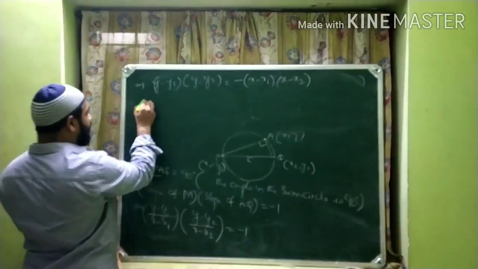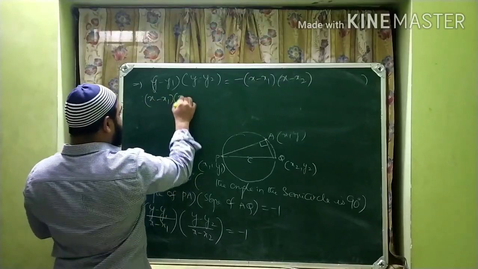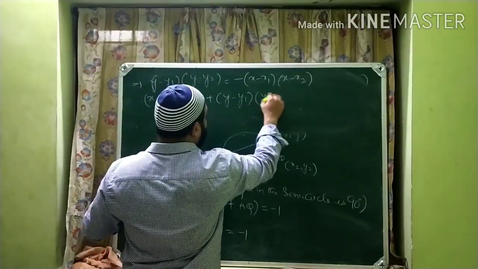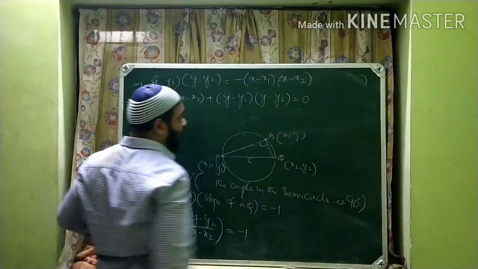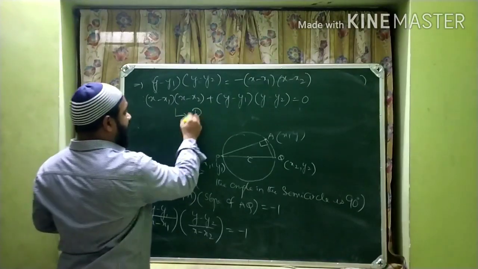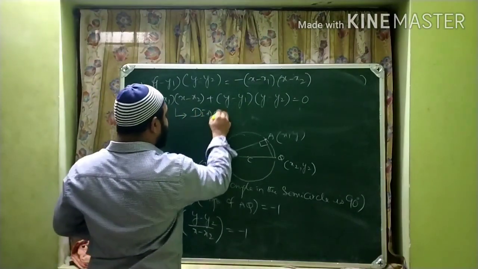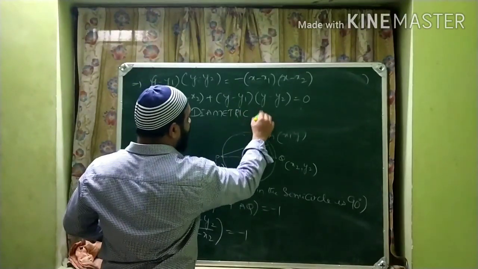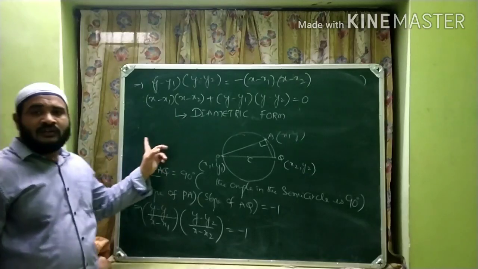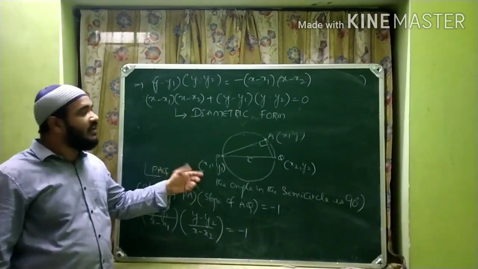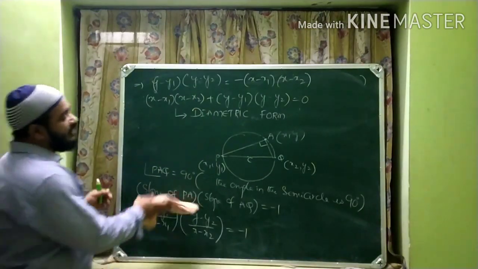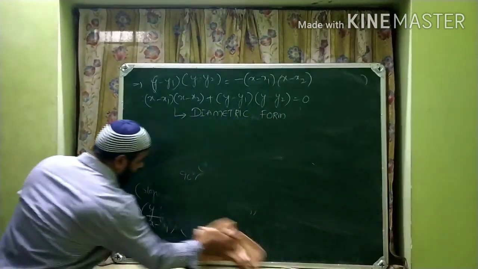So if you transpose this side, (x minus x1) into (x minus x2) plus (y minus y1) into (y minus y2) equals to 0. What do we call this? Diametric form. So the equation of the circle, when the extremities of the diameter is given, then this is the formula: (x minus x1) into (x minus x2) plus (y minus y1) into (y minus y2) equals to 0.